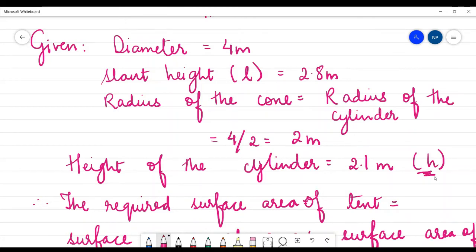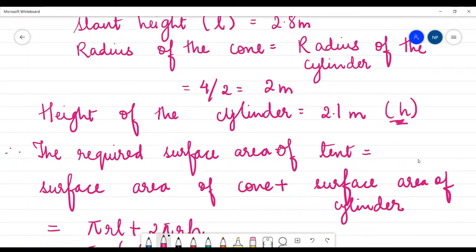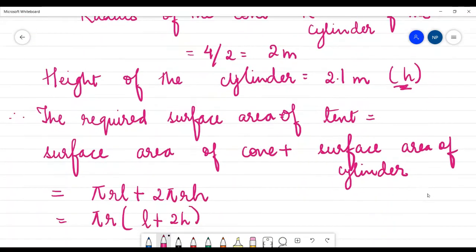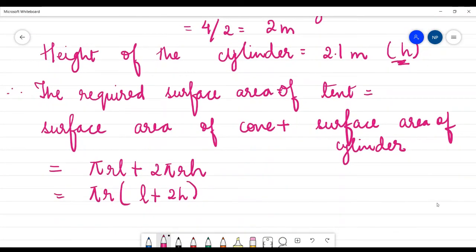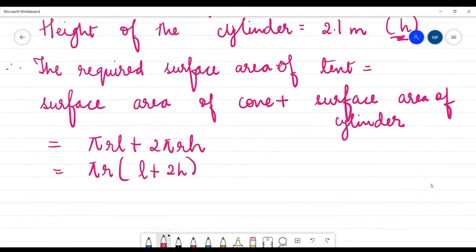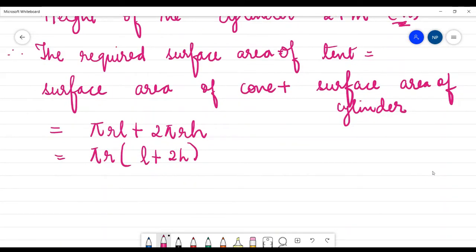So the required surface area of the tent will be how much? It will be the surface area of the cone plus the surface area of the cylinder. Here L, the slant height, we do not have to find it separately because it is already given in the question. So let us write down, the surface area of the cone is pi r L plus the surface area of the cylinder is 2 pi r h. Pi r we will take common, we will be left with L plus 2h.